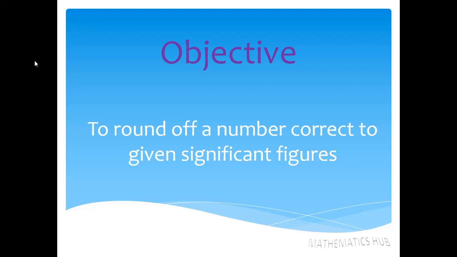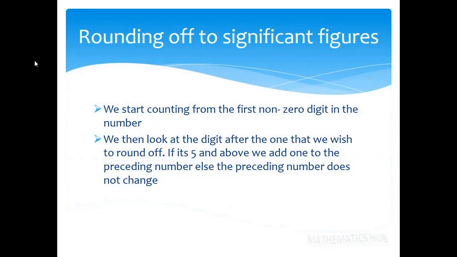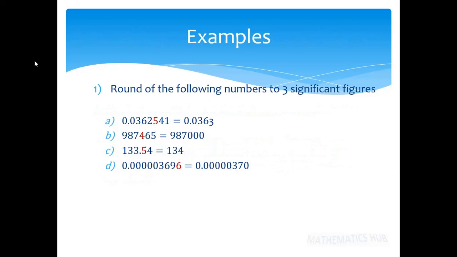To do that, in a given value, we start counting from the first non-zero digit in the number, and then we look at the digit after the one that we wish to round off. If it's 5 and above, we add 1 to the preceding number, else the preceding number does not change. So for us to understand these guidelines, we are going to look at some examples.